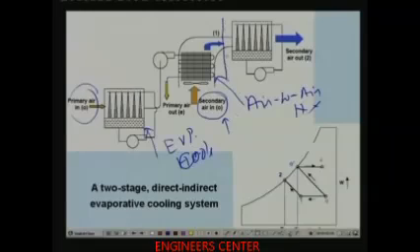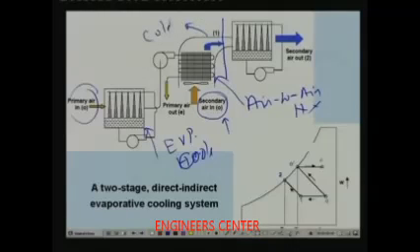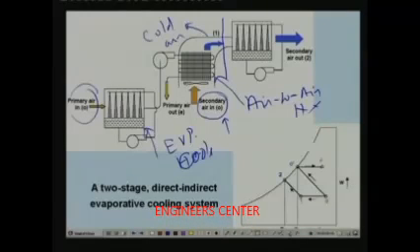Okay. So, up to this point it is exactly similar to an indirect evaporative cooler. So, what you get out of this first stage is cold air, whose humidity is same as the outdoor air humidity, right. So, its temperature reduces, but humidity remains constant.